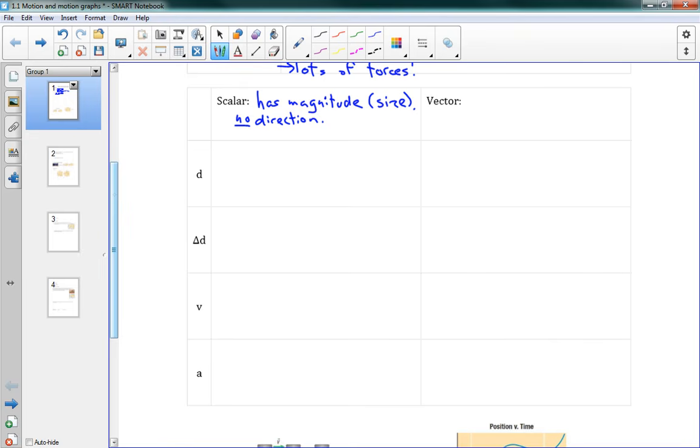Another way of saying that is that we have just a number and units. Whereas a vector has magnitude and direction.